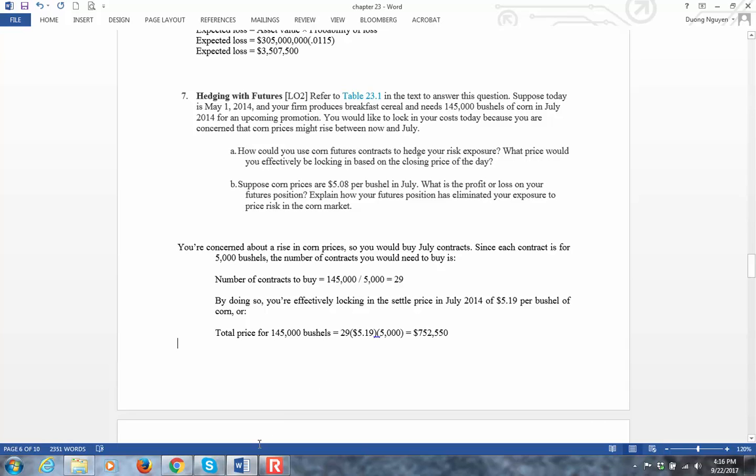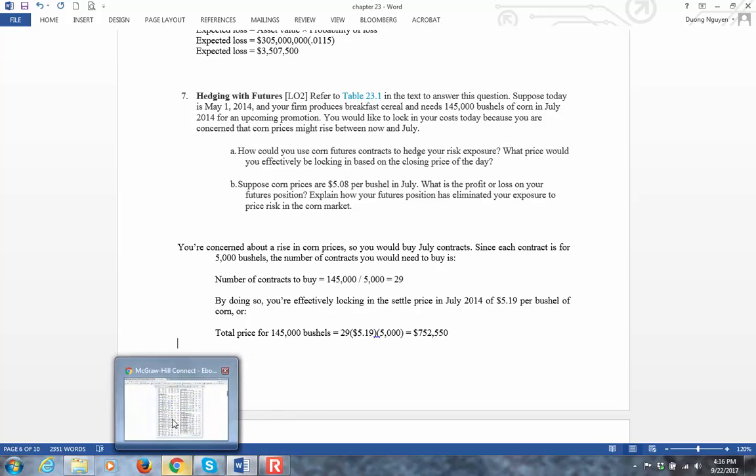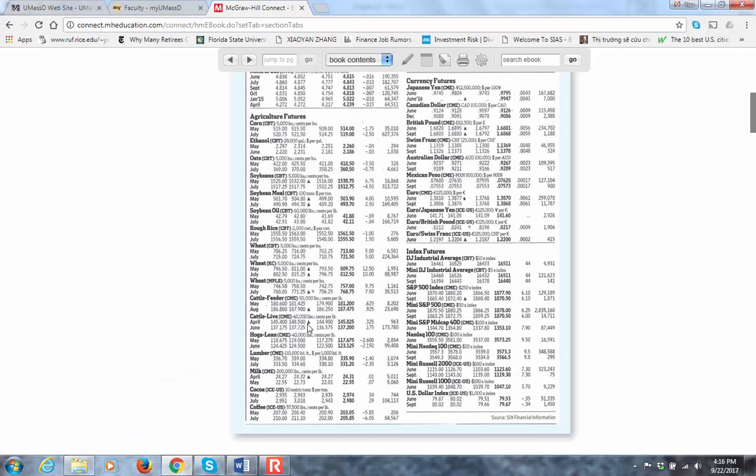So you go to table 23.1 and look for the corn futures that expire in July. So you see the corn future right here, the first one in July, and the closing price is 519 cents per bushel.